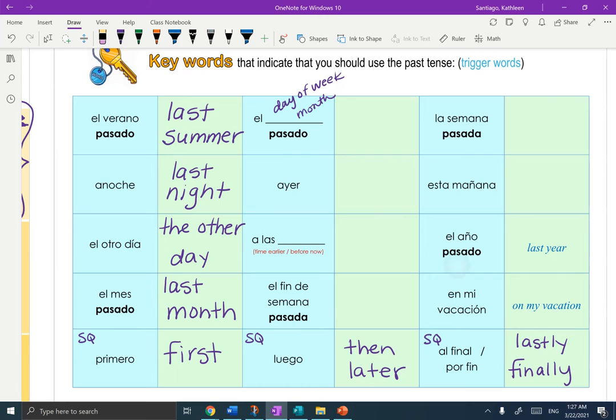Let's start with last. Last, and then it should be blank, and that blank again is the day or the month. So el martes pasado, last, let's just say Saturday. Last Saturday would be el sábado pasado. Ayer, yesterday.